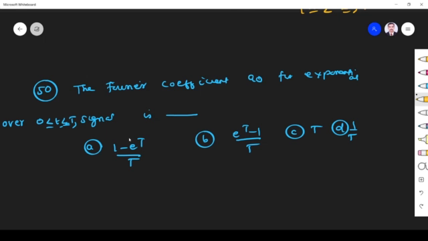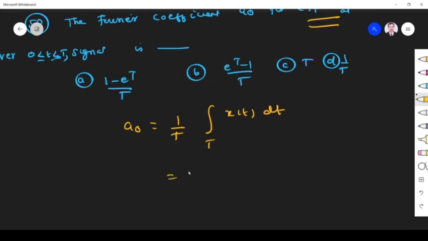And the last question is the Fourier coefficient A0 for the exponential signal over 0 to T. So what is the thing? A0 they are asking. A0 is equal to 1 by T integral of x of t dt. They are talking about an exponentially growing signal over the interval 0 to T. So 1 by T integral from 0 to T of e power t dt.